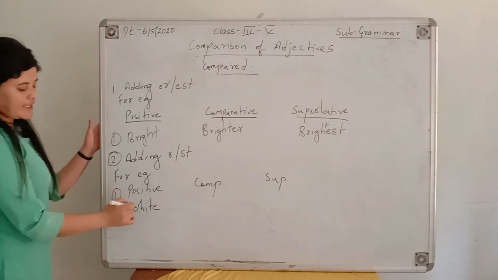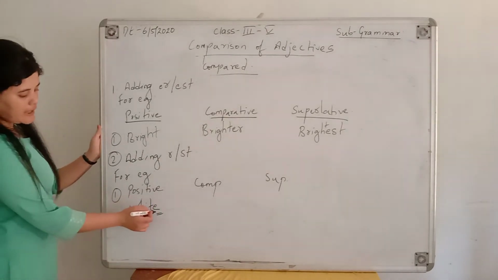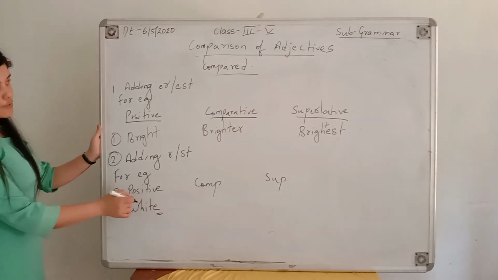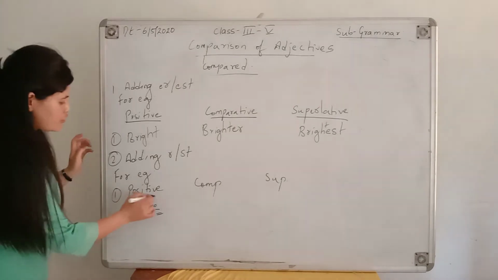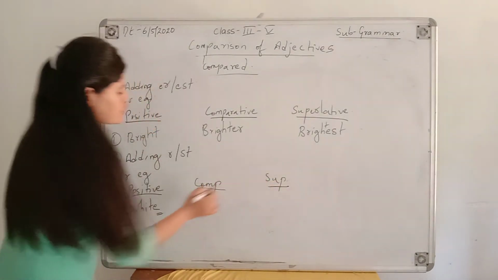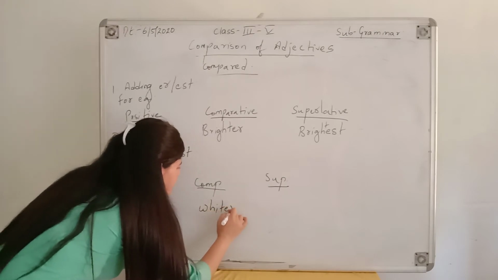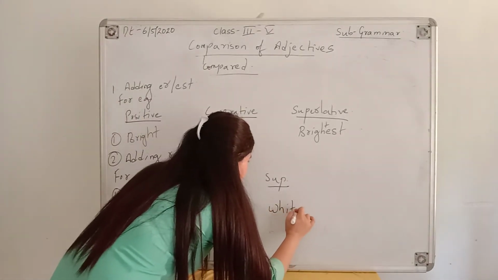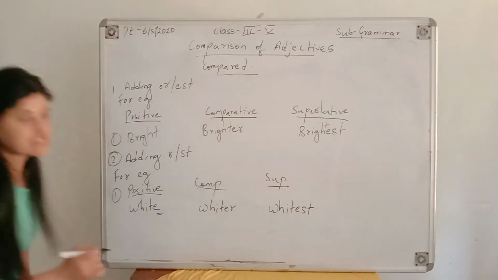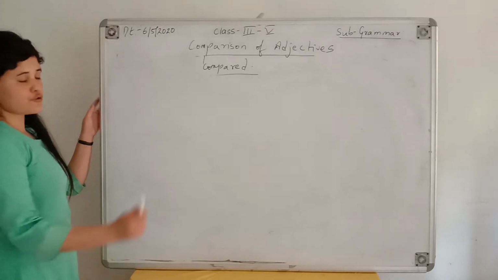As you can see, white is ending with the letter E, so we don't have to add E again. When we change this into comparative and superlative, in comparative we will just add r, and in superlative we will just add st. So till now we have done two rules.